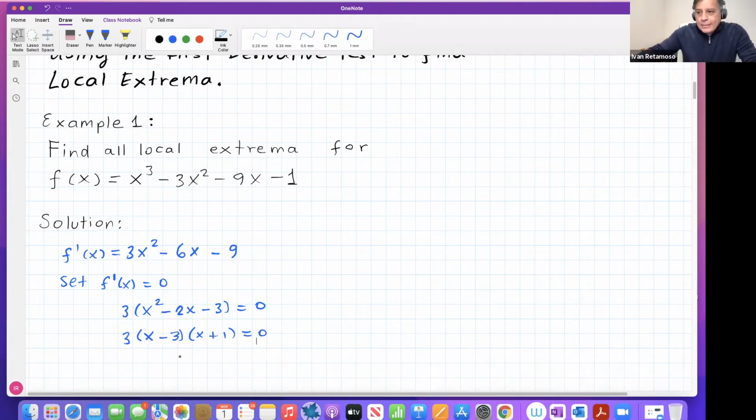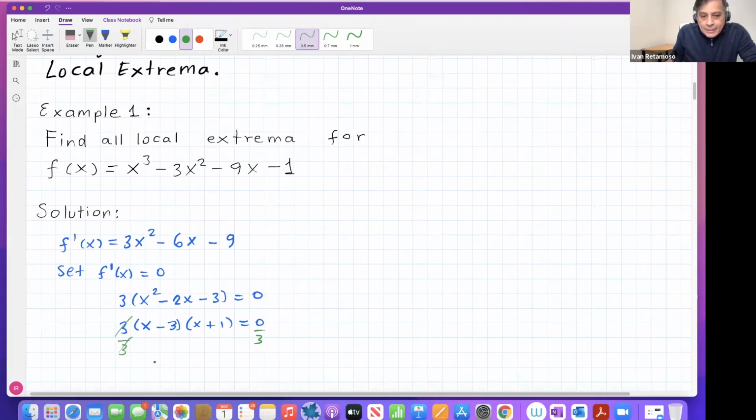From there, set each of these equal to 0. You may say, what about the number 3, Professor? Number 3 doesn't matter because once you divide both sides by 3, it disappears, right? So yes, these factors: x minus 3 equal to 0, and x plus 1 equal to 0.